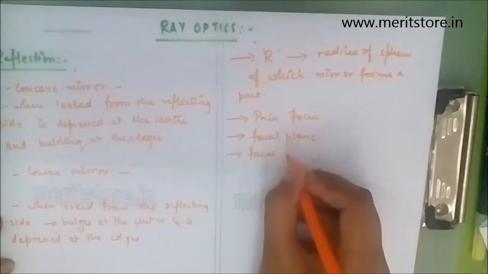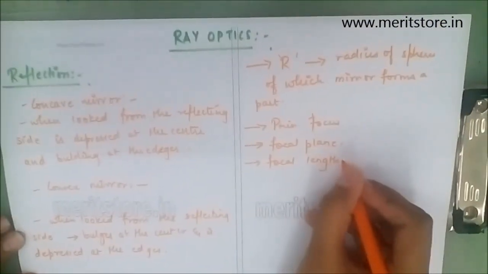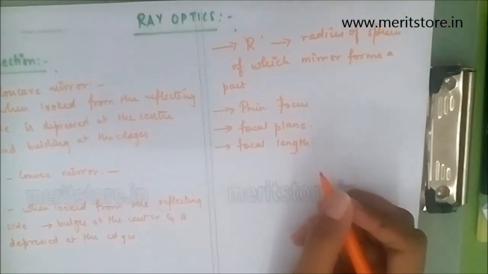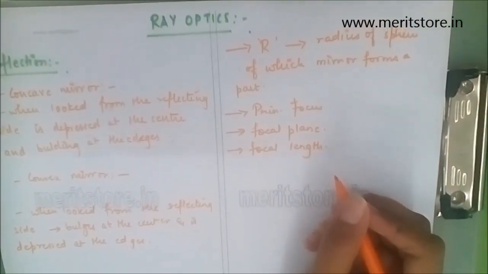Focal length. Focal length of a spherical mirror is the distance of its principal focus from its pole.